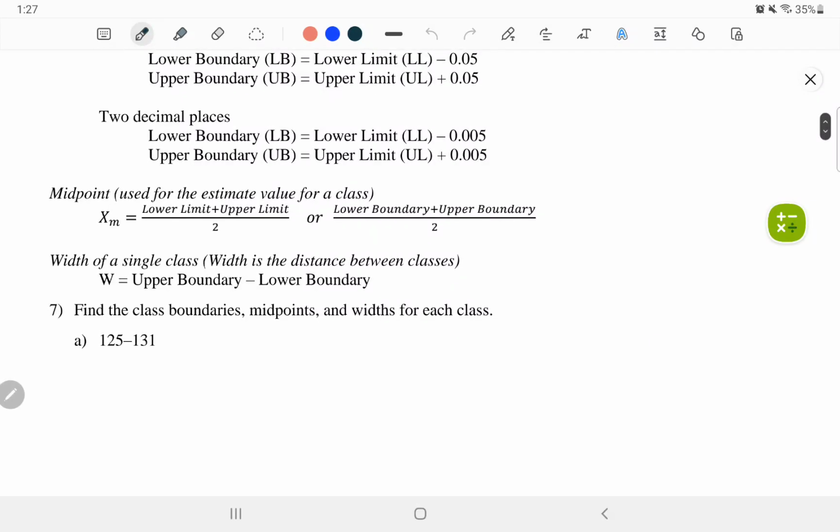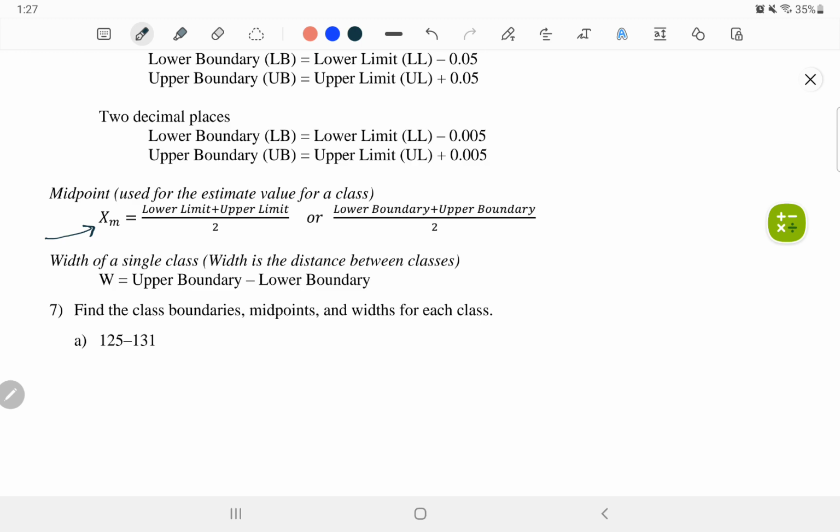The midpoint is used for the estimate value of a class, very important in chapter 3. To find the midpoint, you can use either the lower limit plus the upper limit divided by 2, or the lower class boundary plus the upper class boundary divided by 2. The symbol for the midpoint is x of m, or Xm if you want to be more mathematical.